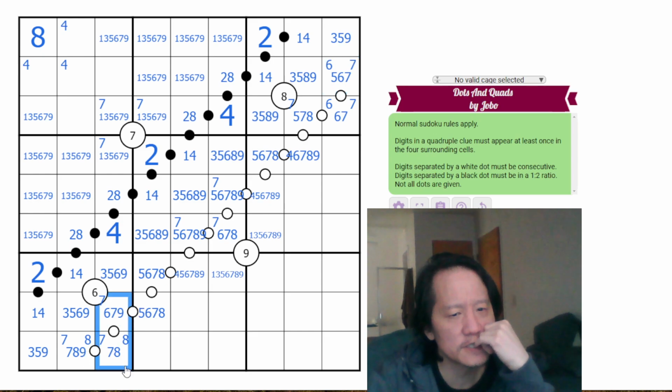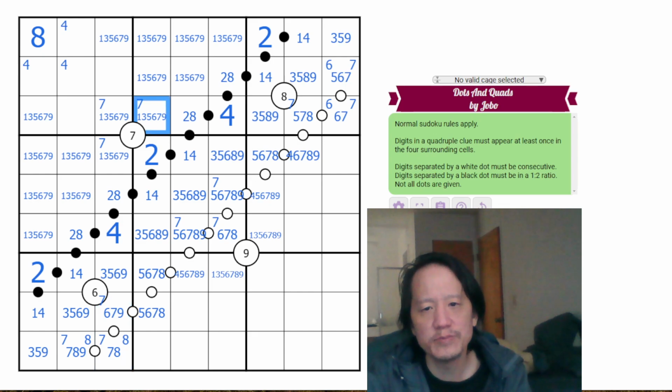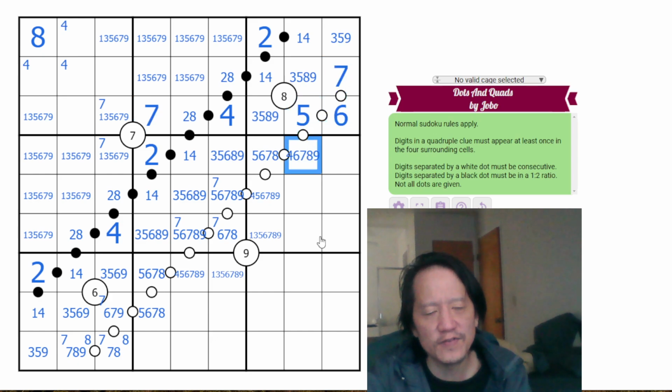So, if this is a 7, that means this has to be 7, which means that is 7. So this is 6 and 5. This can't be 7. That's interesting. So then this is without a 7.